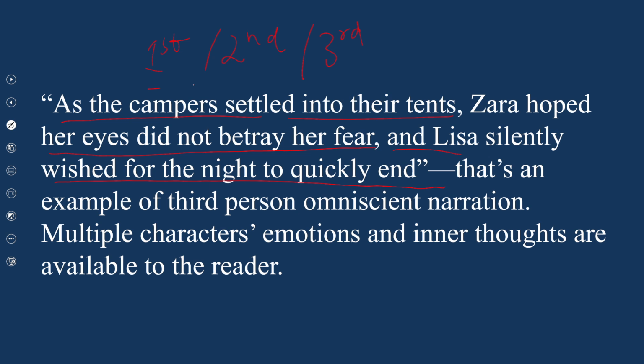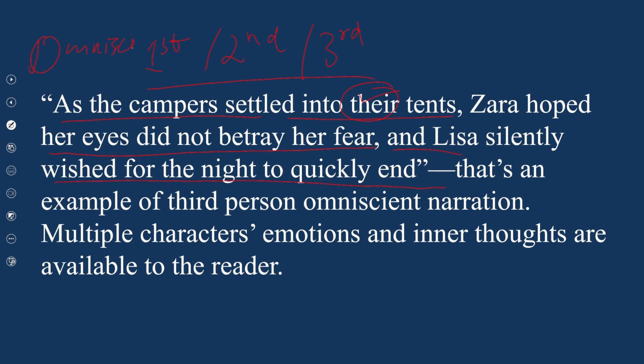Of course, this is third person narrative because we can see these pronouns. We don't have I or you pronouns, rather we have third person pronouns. And is this third person limited or omniscient? This is third person omniscient.